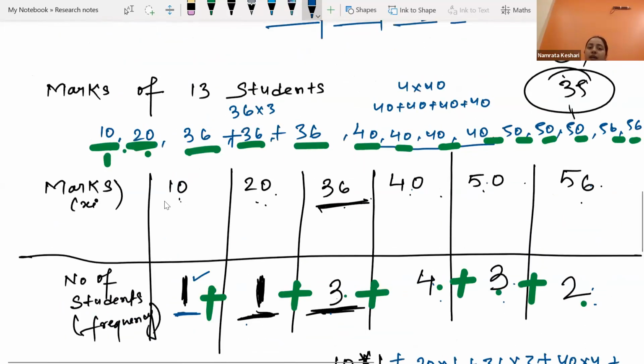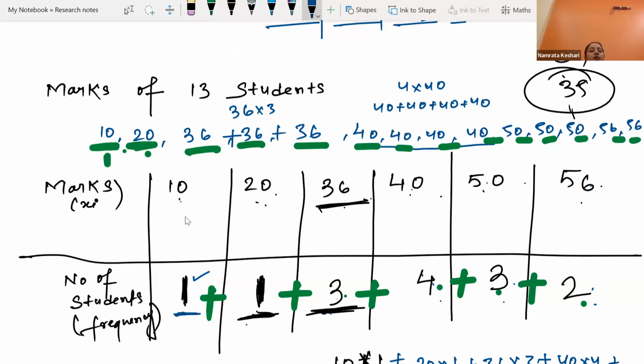When the data is given in tabular form like this, that marks are 10, 20, 36, 40, 50, 56, and the frequency is given like this 1, 1, 3, 4, 3, 2. Then while finding the mean, what we will do, we will be writing in the numerator 10 into 1 plus 20 into 1 plus 36 into 3 plus 40 into 4 plus 50 into 3 plus 56 into 2.